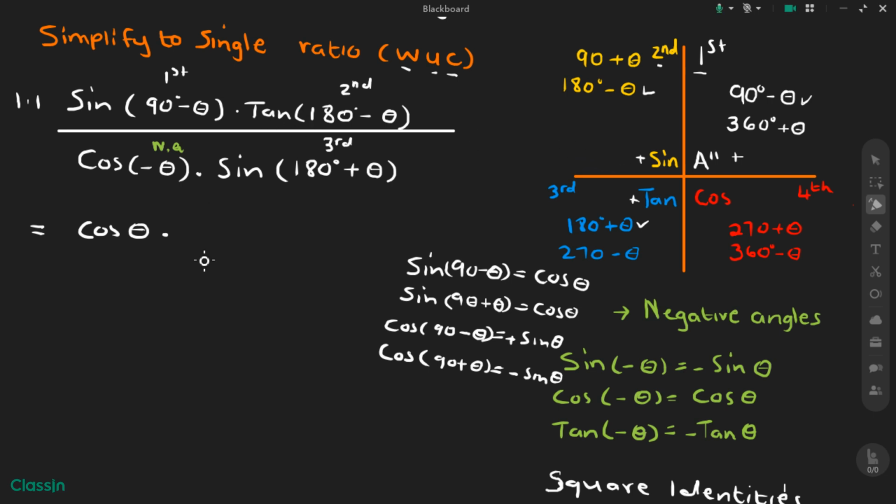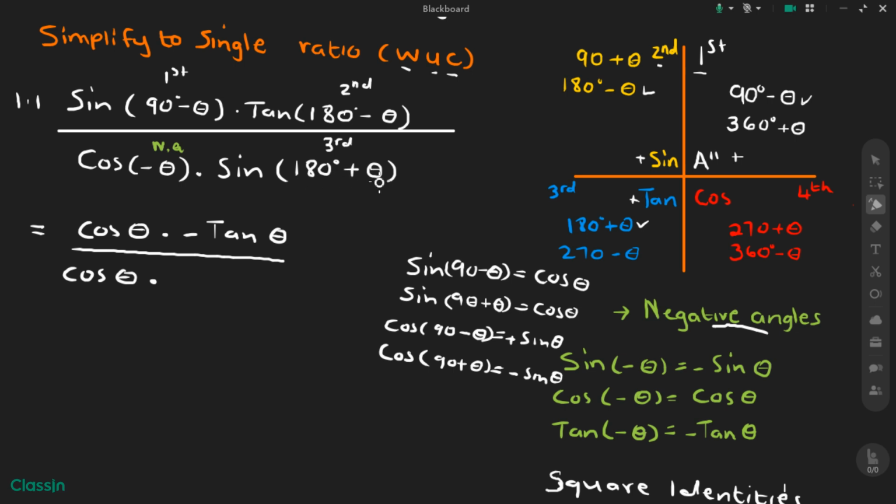So our tan must be negative, negative tan theta. Then we have cos of a negative angle, which is equal to cos theta. So here we have cos theta multiply.